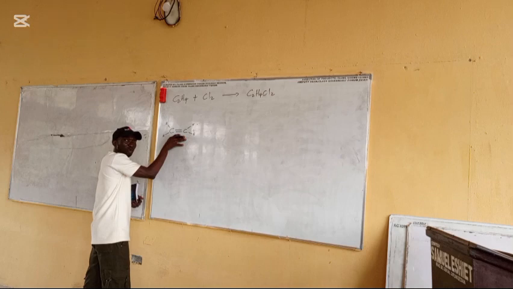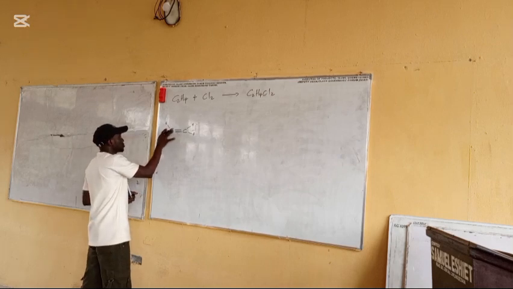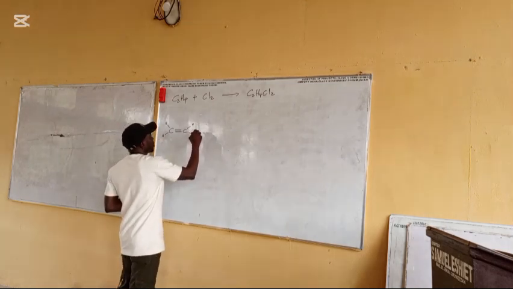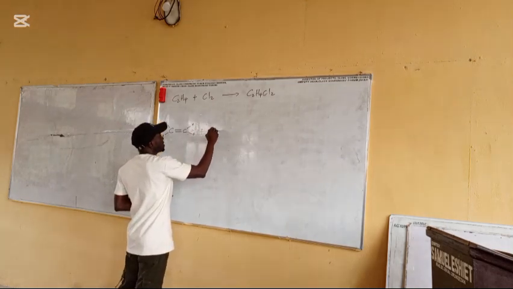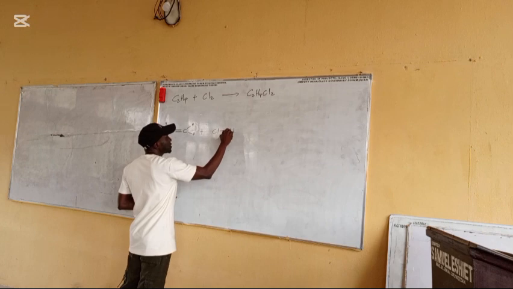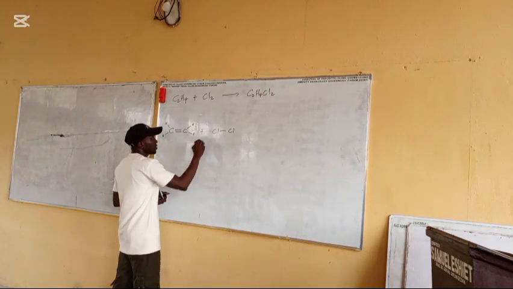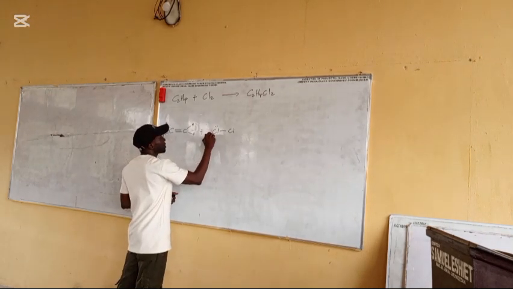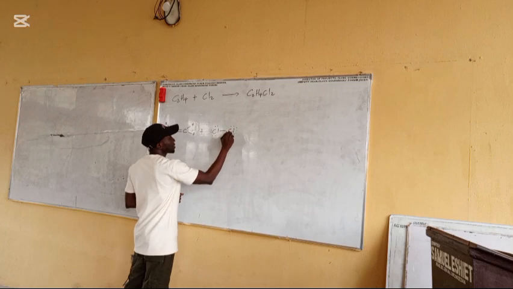There are no dots anywhere. Are you there? Good. The Lewis structure is the structure plus Cl, 1, 2, 3, 4, 5, 6, and 1, 2, 3, 4, 5, 6.